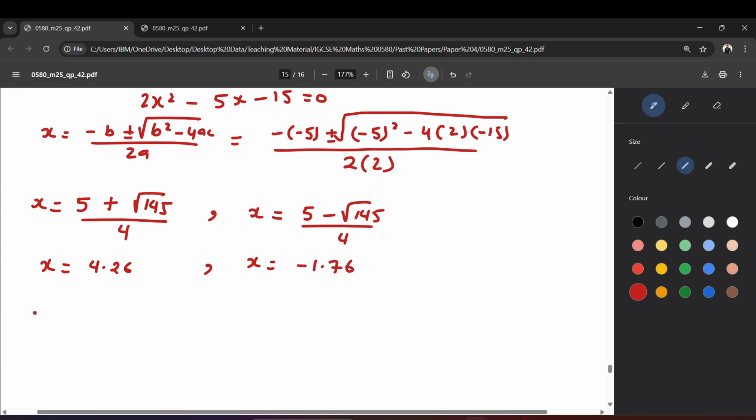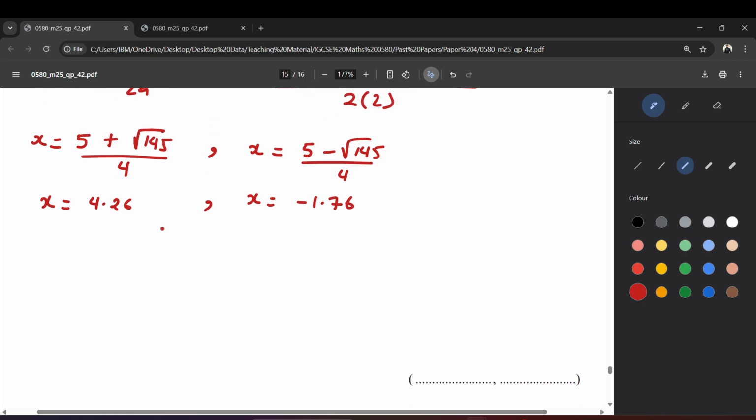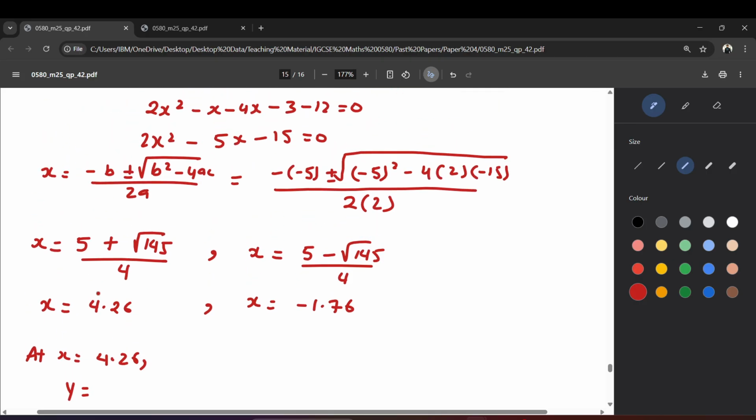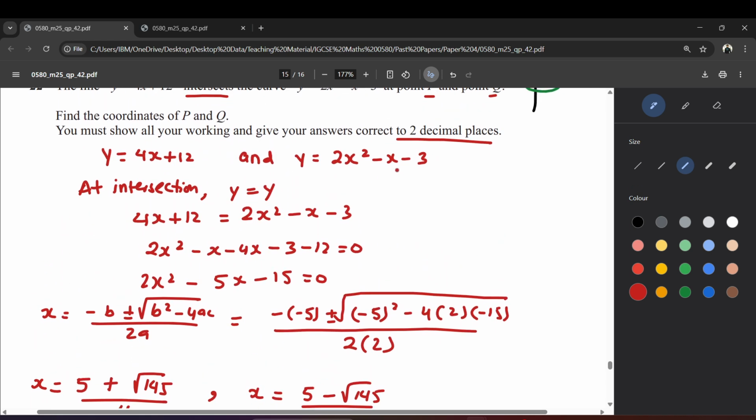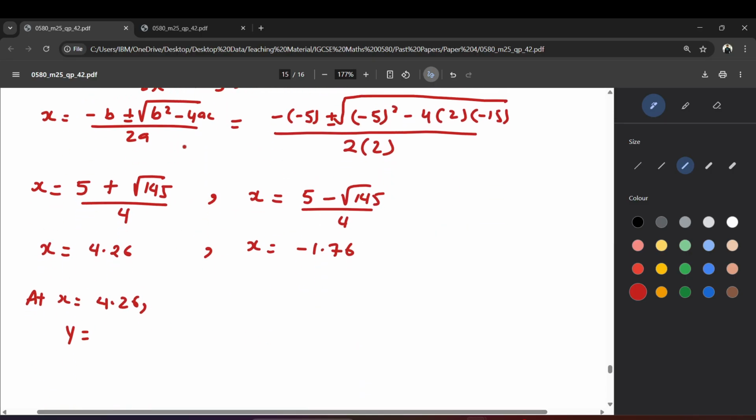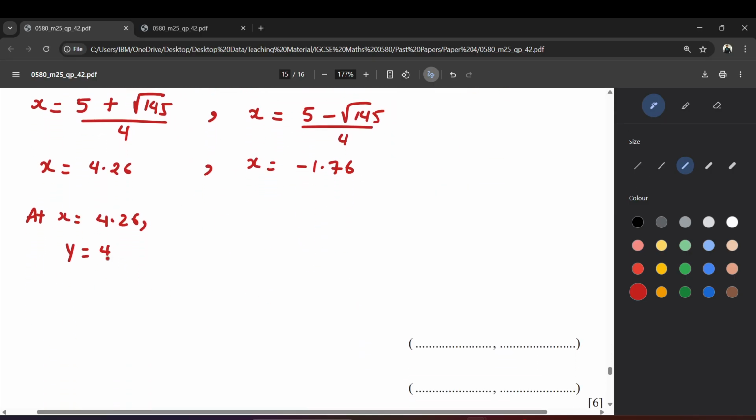Now, we got the x coordinates. Now we need to find the y coordinates. So at x equals 4.26, y is equal to, and I can plug it into this equation, 4x plus 12. You can also plug it into the other equation, but this one is easier.